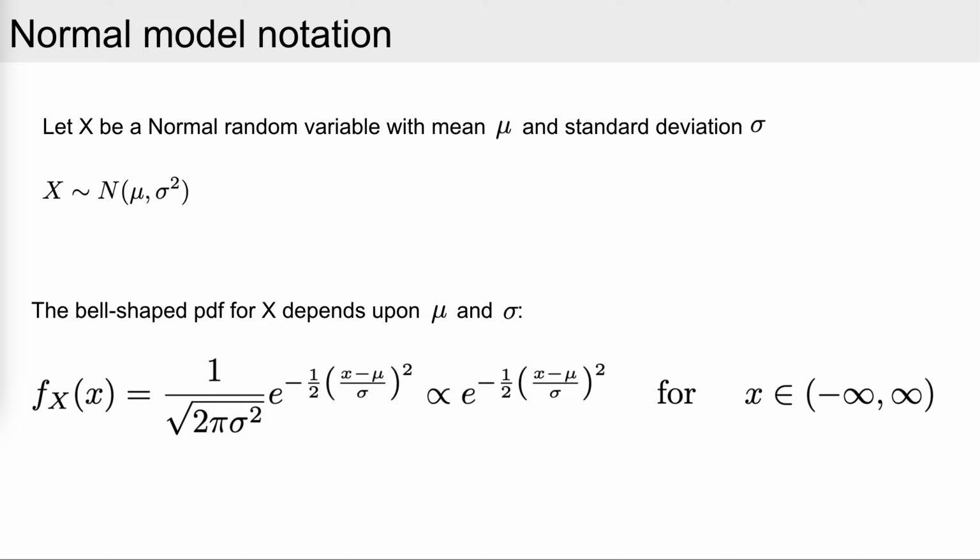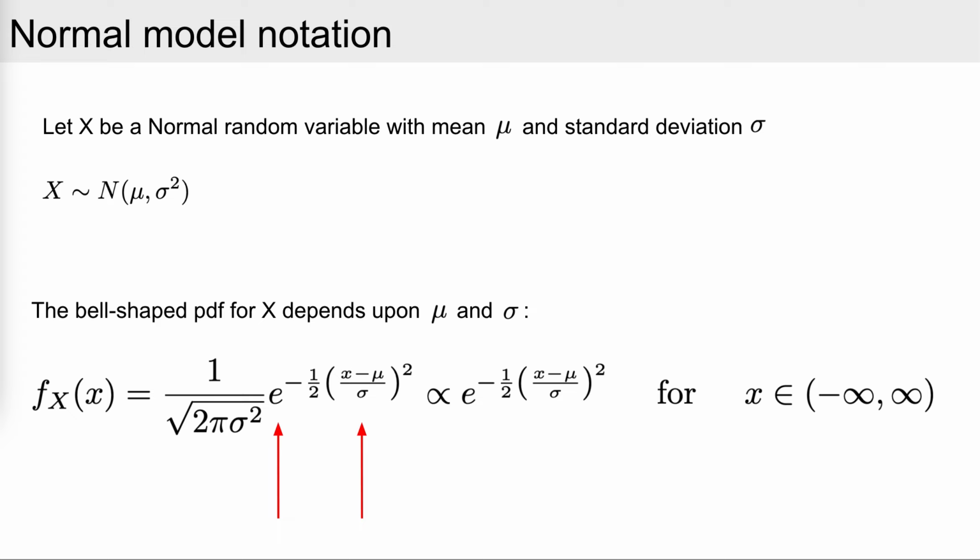This model can be specified by a formula for its bell-shaped probability density function. Now don't worry about memorizing this formula. Let's just recognize some patterns. First, notice that the PDF depends upon the model parameters mu and sigma. Second, the curviness of the PDF is defined by an exponential function. And the quadratic term in this exponent ensures that the curve is symmetric around mu.